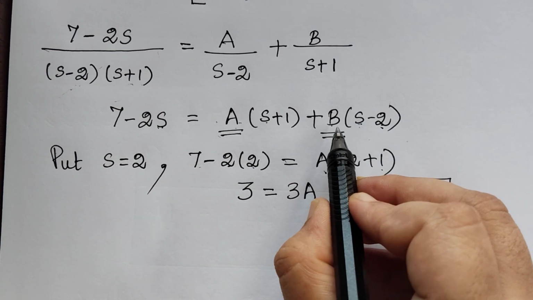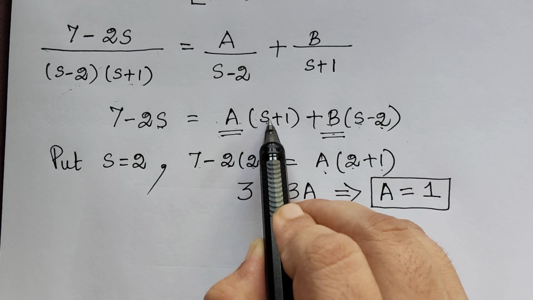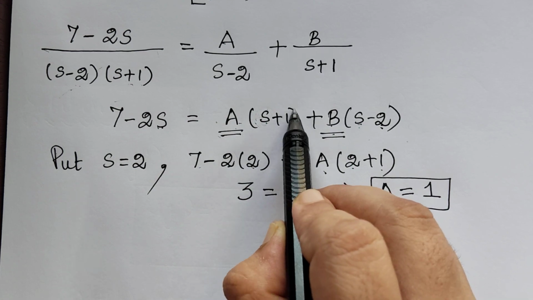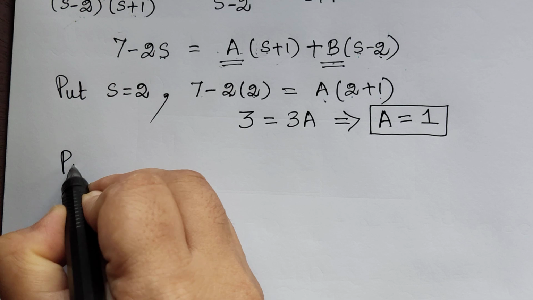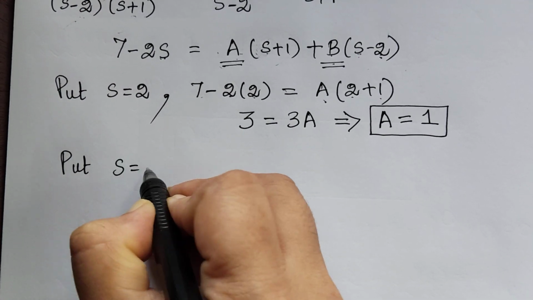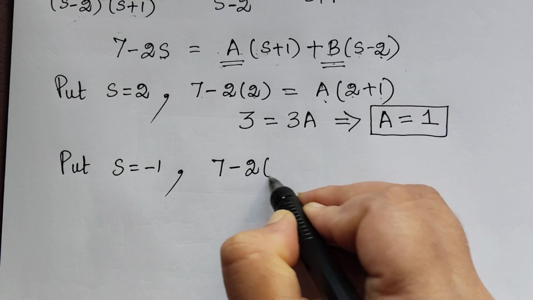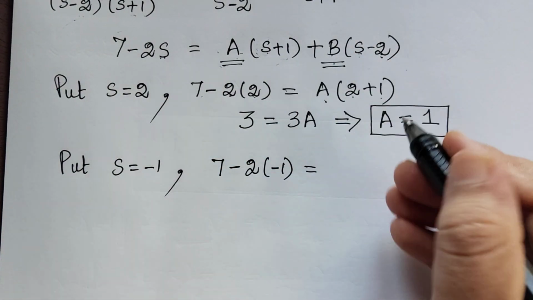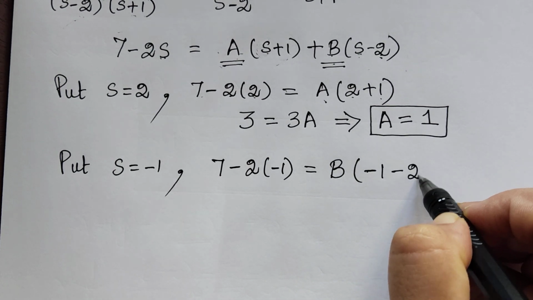Now in order to find the value of b, we have to make the a term 0, for which we have to substitute the value of s as minus 1, so that minus 1 plus 1 gives this term to be 0. So we put s equal to minus 1. On the left we will be having 7 minus 2 multiplied with minus 1, which equals, on the right, this term becomes 0, and we will be having b multiplied with minus 1 minus 2.